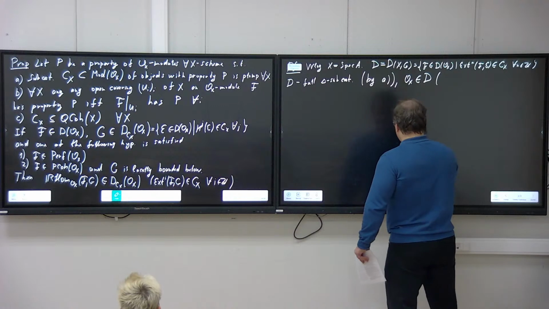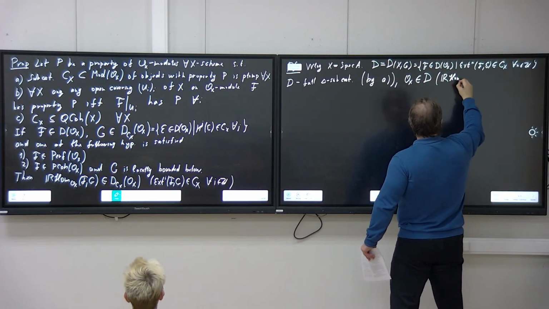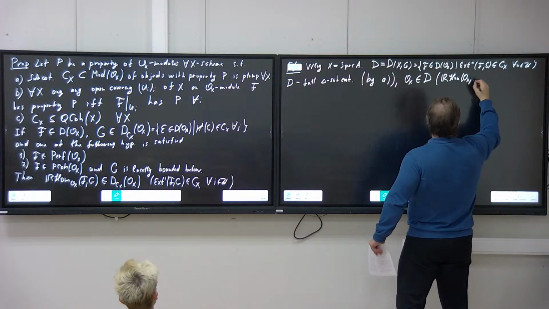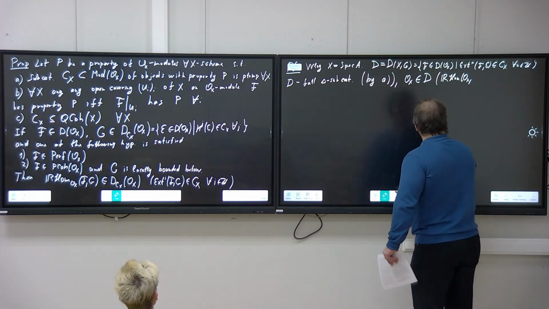This will be a simple formula, easier to understand. So if I look at the R Hom, OX, sorry, this is what somehow E, but this of course is supposed to be G.